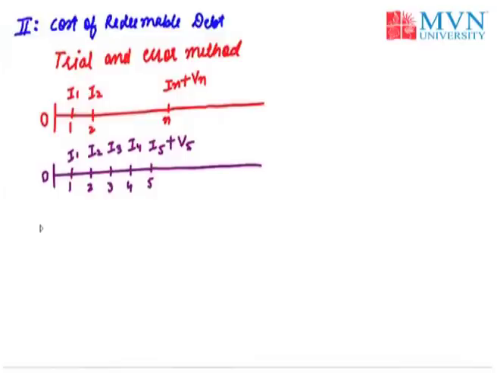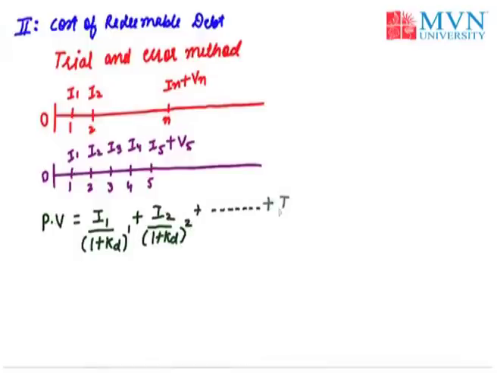Using the formula of time value of money, we can easily calculate the present value of each of the inflows, which is I1 divided by (1 plus cost of debt) raised to power 1, plus I2 divided by (1 plus cost of debt) raised to power 2, up till In divided by (1 plus kd) raised to power n. In this question, instead of In, we can also write I5.